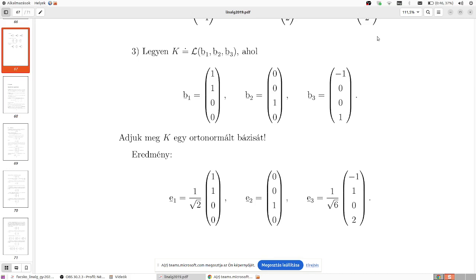These are very nice vectors. So first, let's give an orthogonal basis. Let's start with A1, B1.